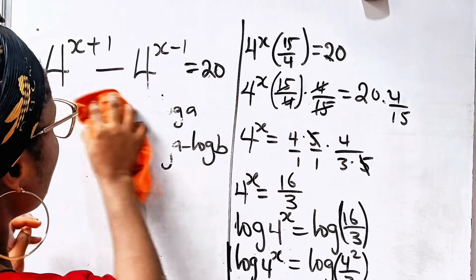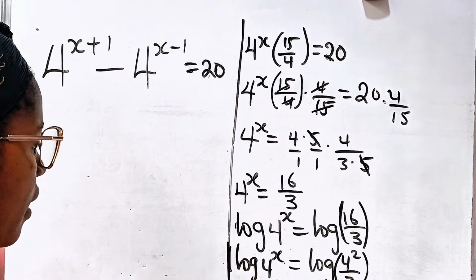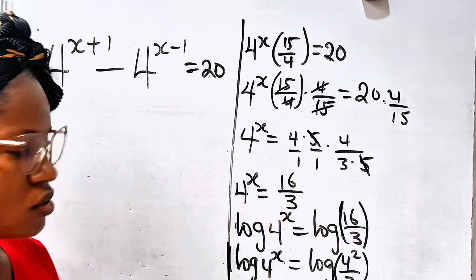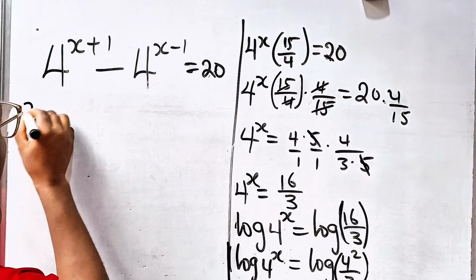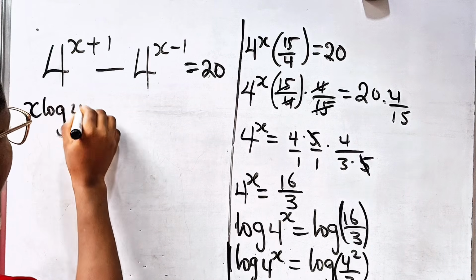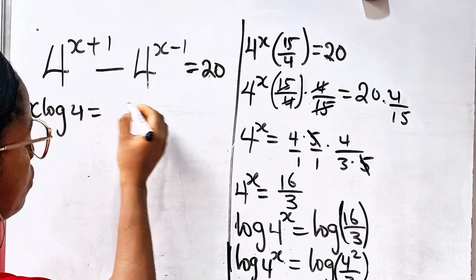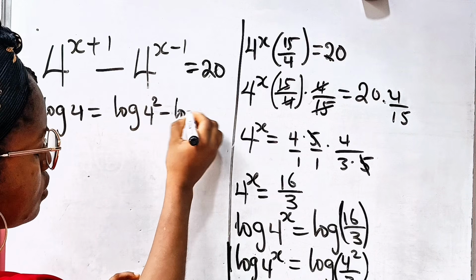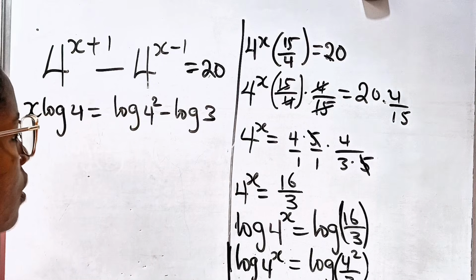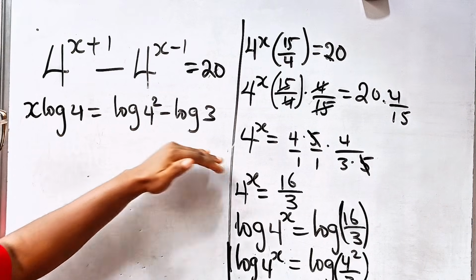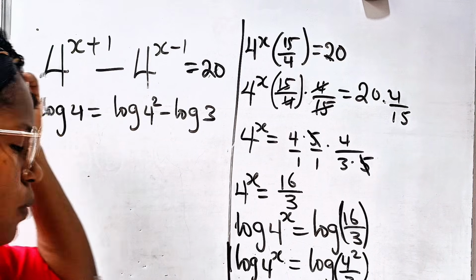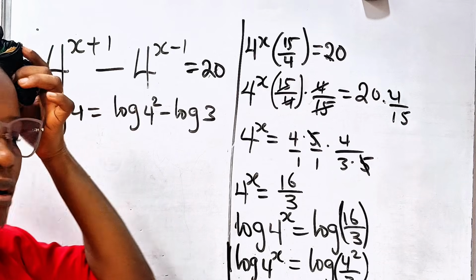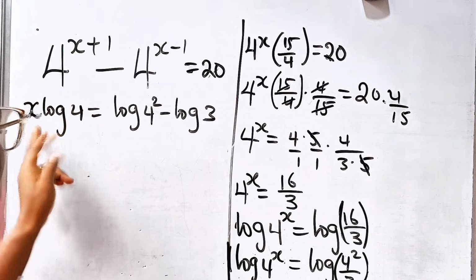So applying these two laws here, we are going to have x log 4 is equal to log 4 squared minus log 3. Then we divide both sides by log 4 since we are looking for the value of x.